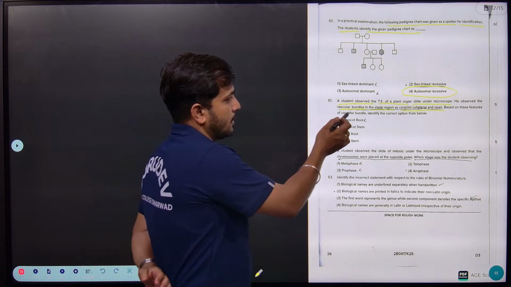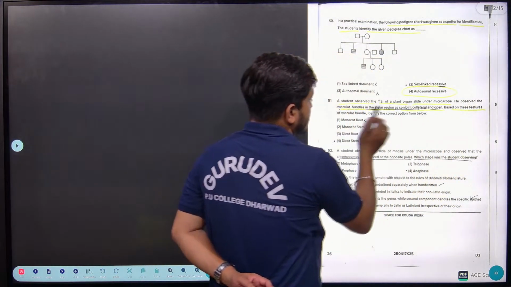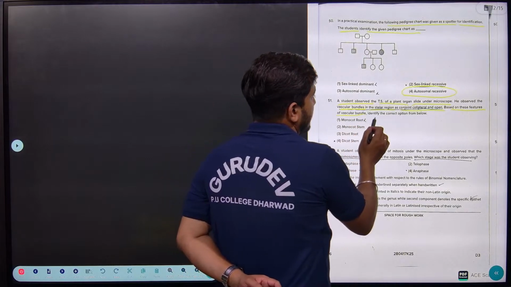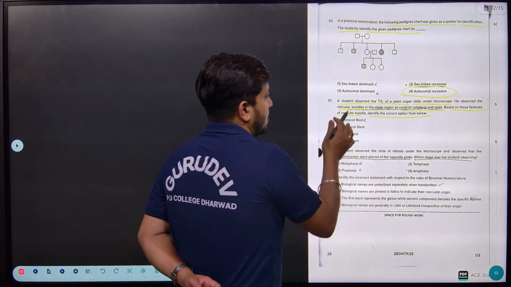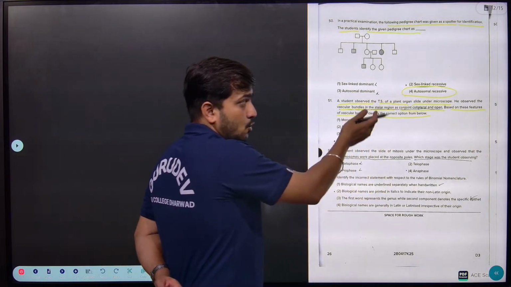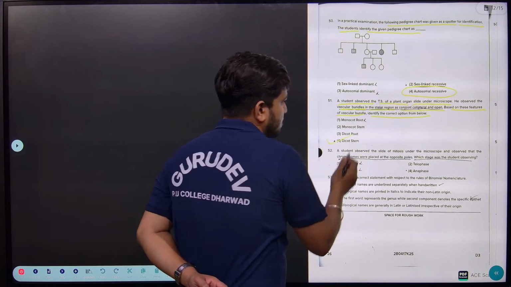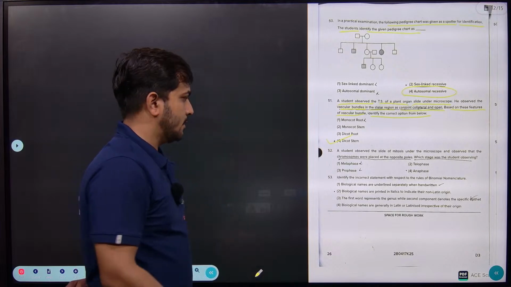Based on these features of the vascular bundle, identify the correct option below. If there is a presence of vascular bundles in the stellar region and they are conjoint, collateral and open type, then definitely it is the dicot stem, right?